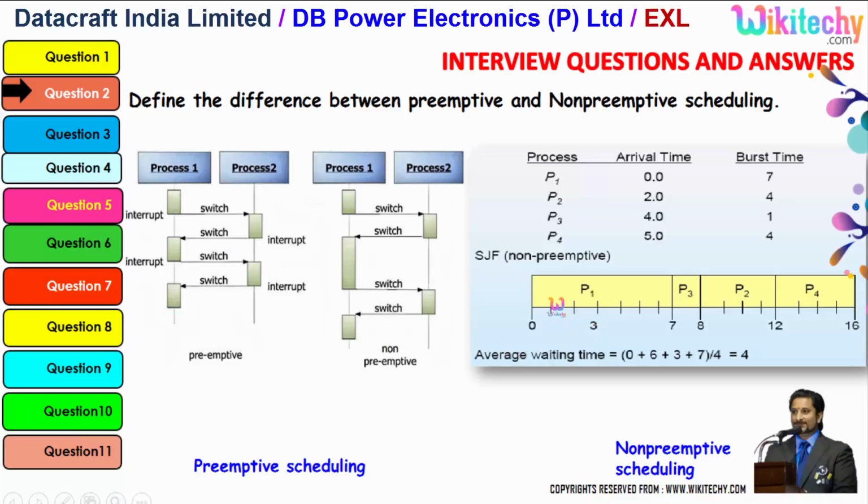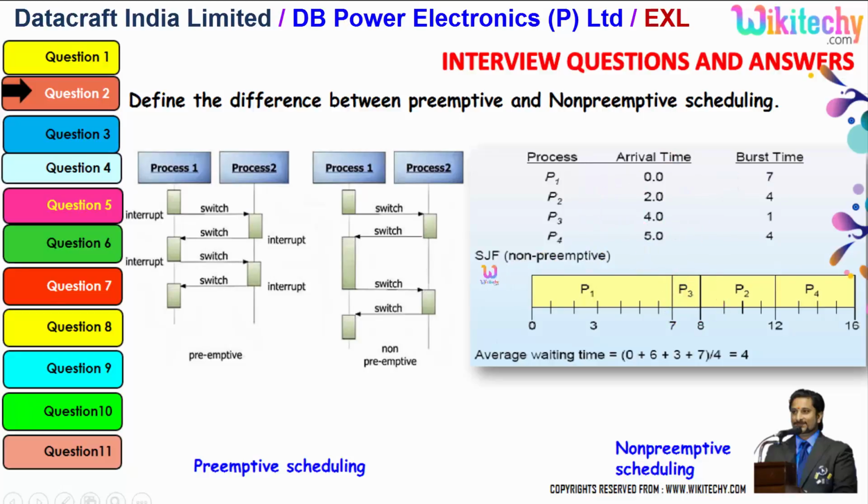Whereas non-preemptive scheduling is like once a process comes, until it finishes, the next process won't start. You can see it here. P1 is there, with arrival time 0 and execution time 7. Until 7 seconds, considering these are seconds, the next process is not coming.